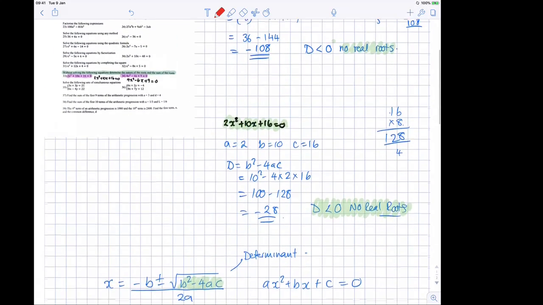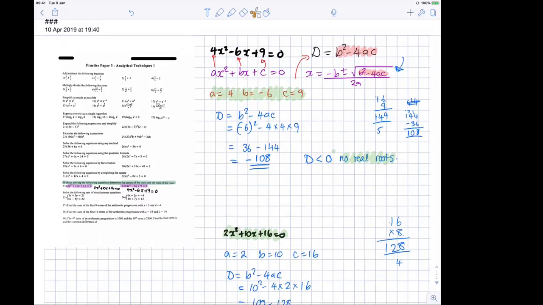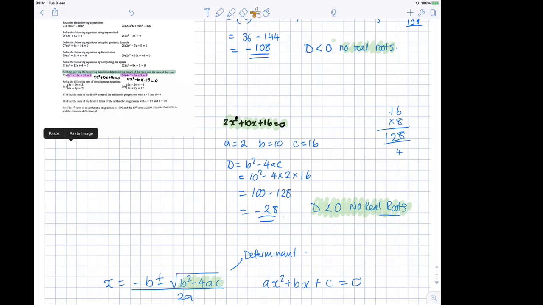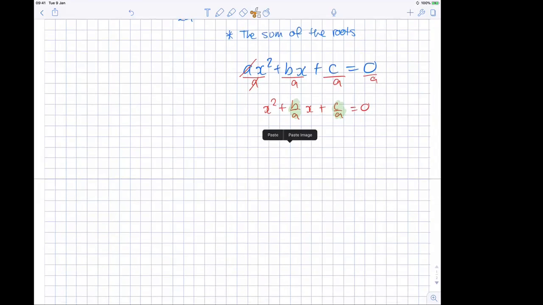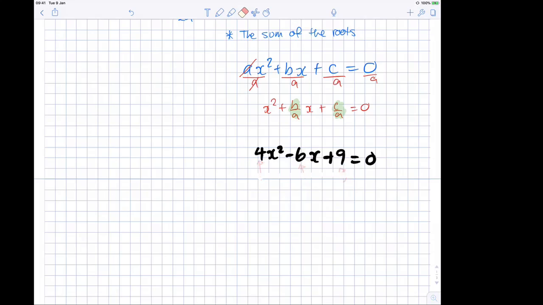So for this equation, let's take 4x squared minus 6x plus 9, for example. Let's copy it quickly and paste it here. So this equation is 4x squared minus 6x plus 9 equals 0.